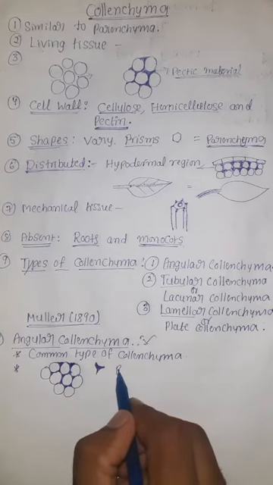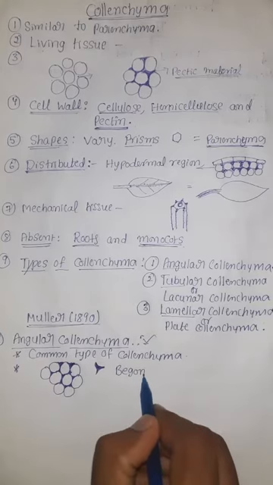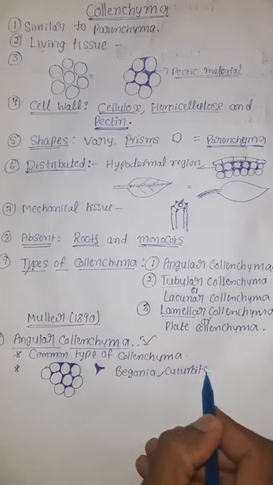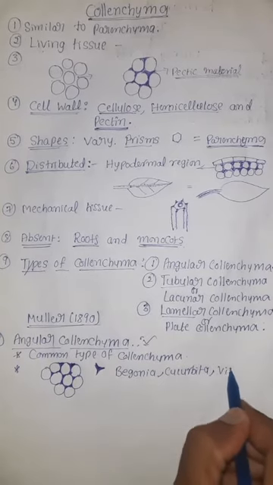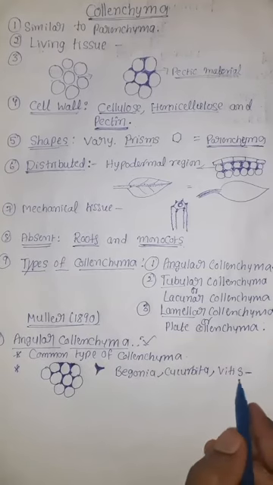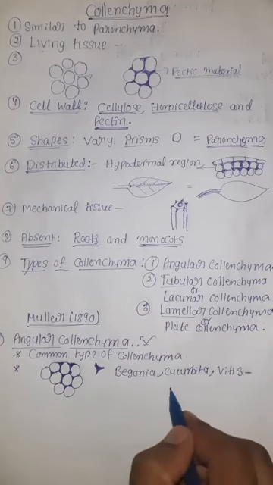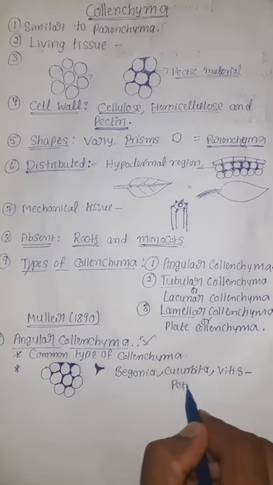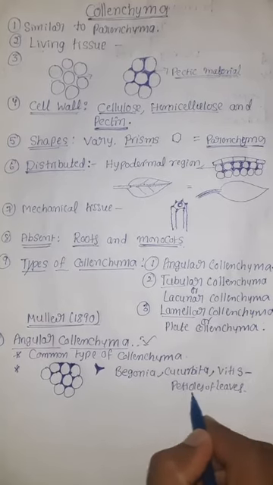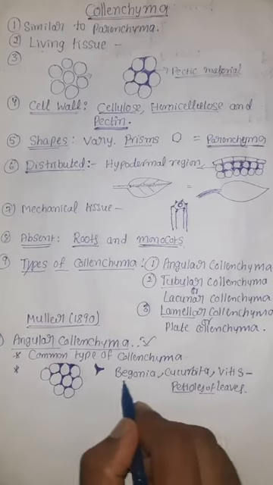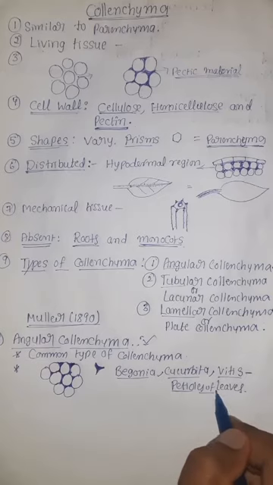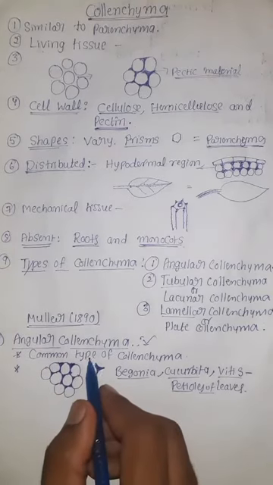For example, in Begonia, Cucurbita, and Vitis, we can see angular collenchyma in the petioles of leaves.